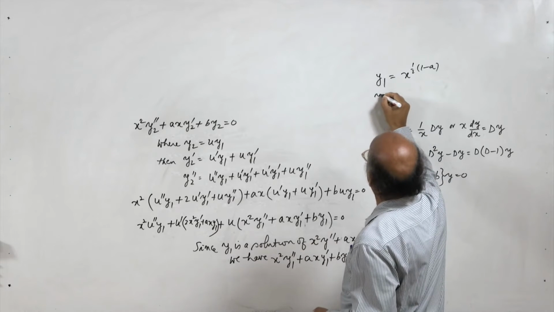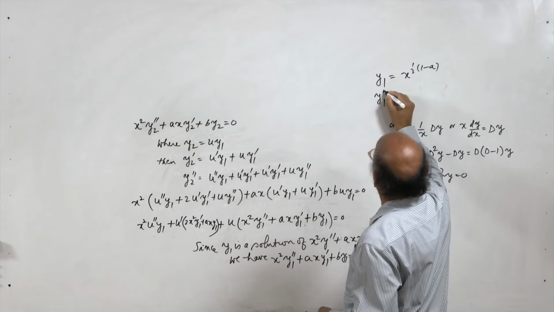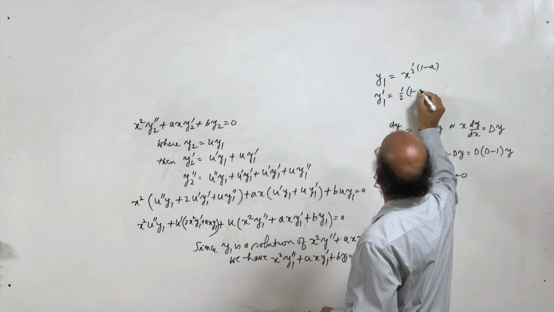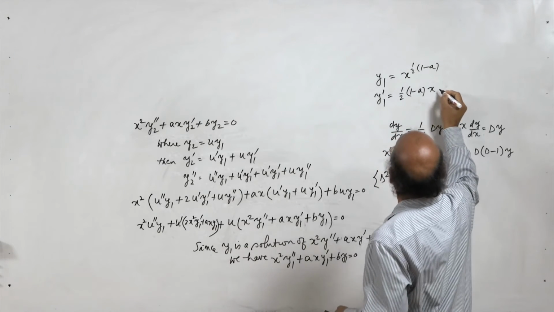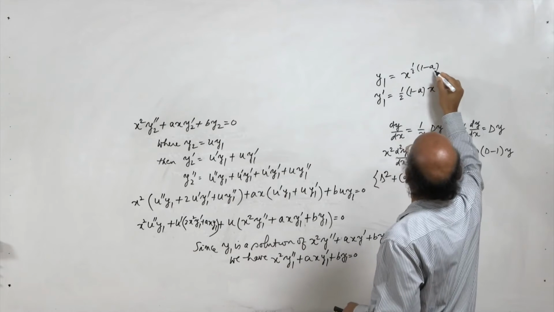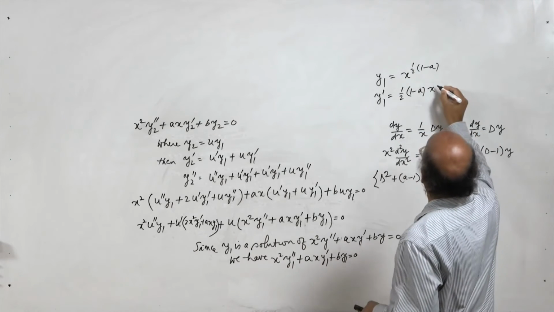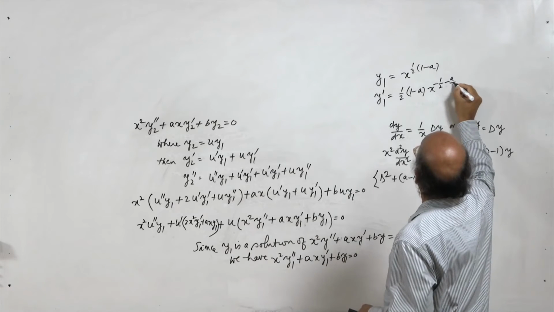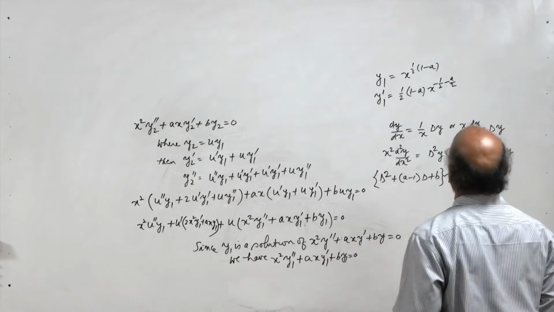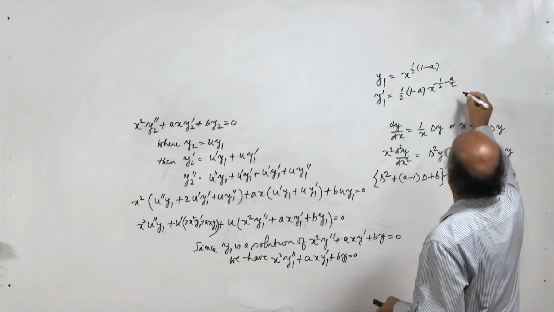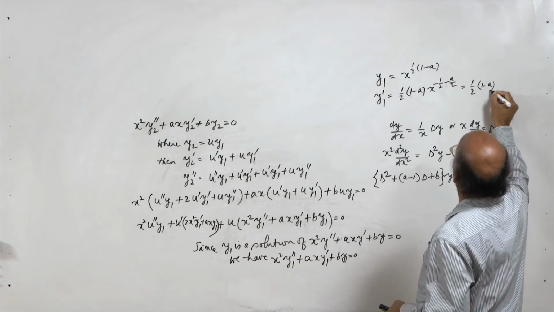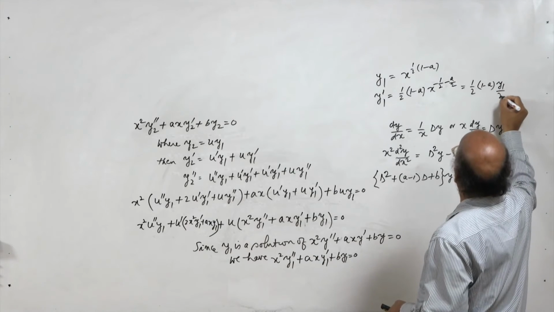Okay, so let us differentiate this. So, y1 dash equal to 1 by 2 into 1 minus a, x to the power 1 by 2 into 1 minus a, minus 1. So, this can be written as 1 by 2 (1 minus a) into y1 divided by x.